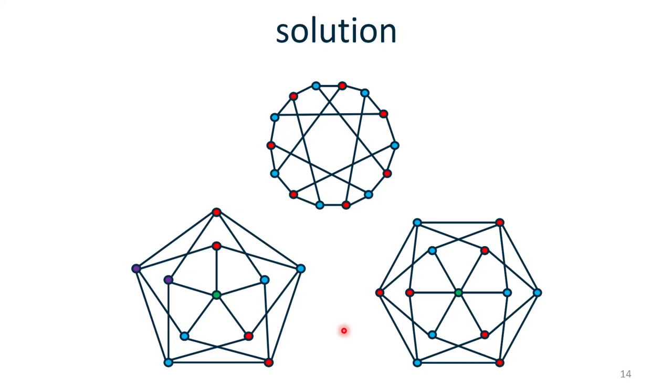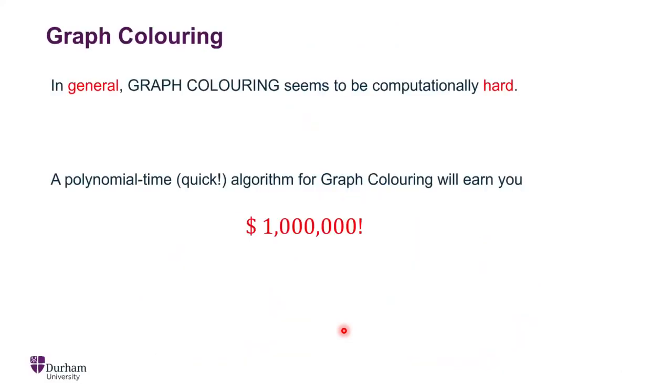The essence of this exercise was just to show you that it's not always straightforward or even easy to compute the chromatic number of a graph. And in general, it seems to be a computationally very hard problem.